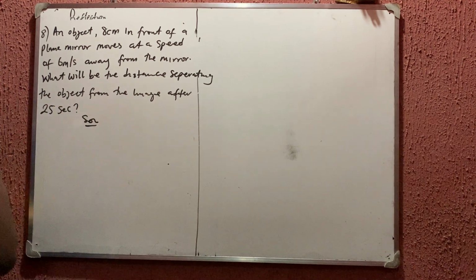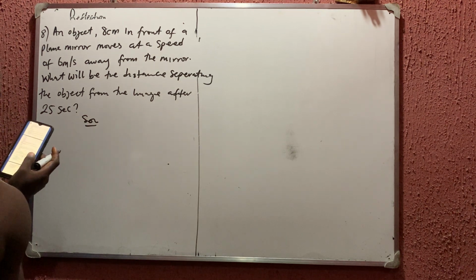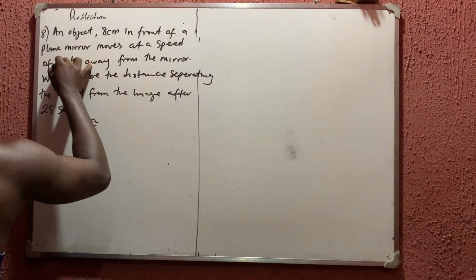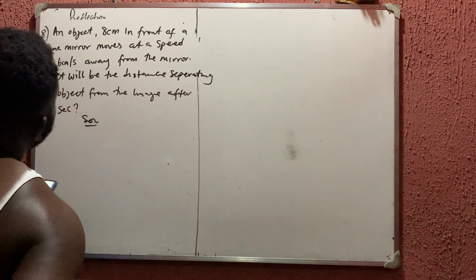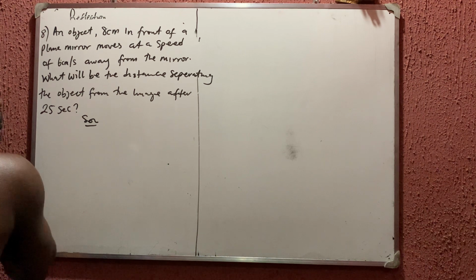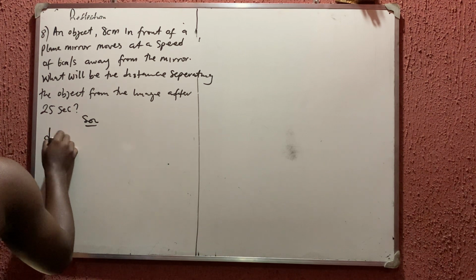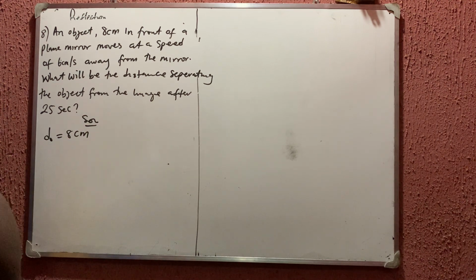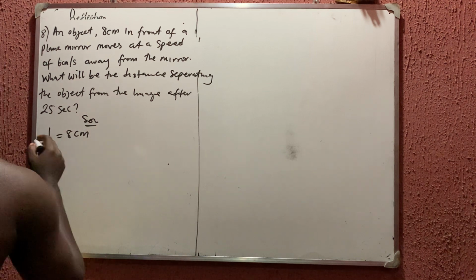Solution. Now, this is a very simple question. They say the object is 8 cm in front of a mirror, so the distance of that object is 8 cm. They say it now moves away from the mirror at 6 cm per second.